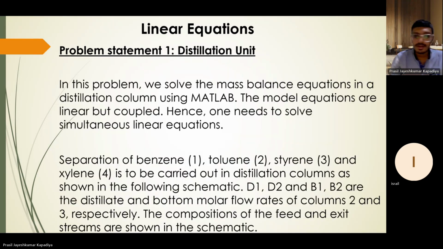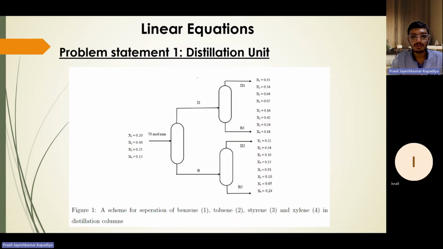So D1, D2 and B1, B2 are distillate and bottom molar flow rates of column 2 and 3 respectively. The compositions of the feed and the exit streams are shown in the schematic. All these compositions x1, x2, x3, x4 of D1, B1, D2, B2 and the F streams are given to us.